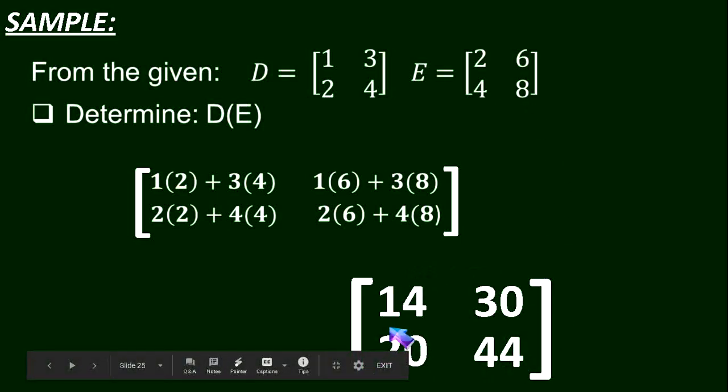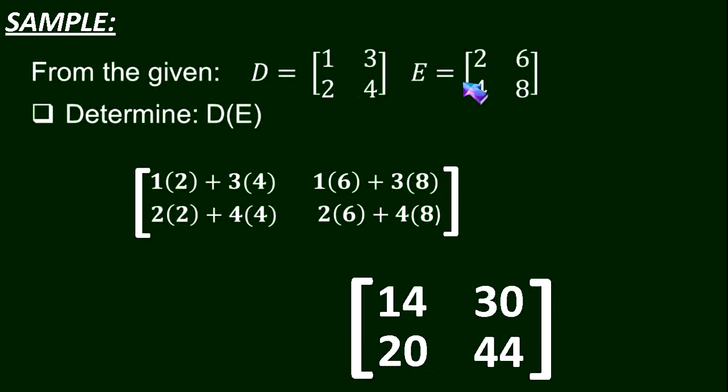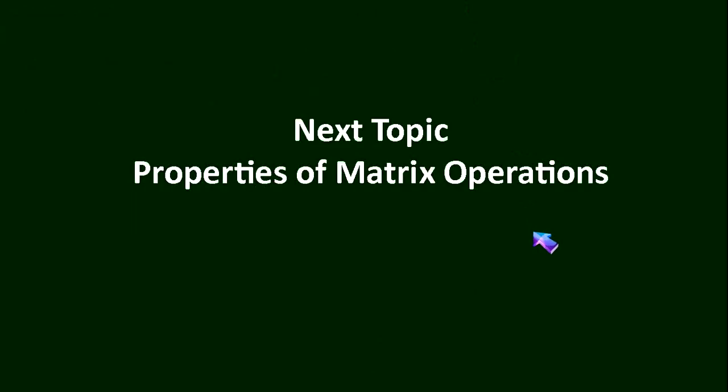So, yan yung ating sagot if we multiply these two matrices, yung D and E. So, pag ganun lang yung ating multiplication. So, the summation of row of the first matrix and the column of the second matrix.